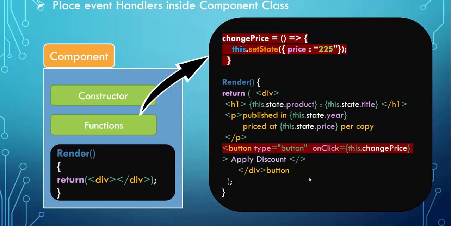Like in this example, the button click event onClick calls this method changePrice, and the changePrice method resides inside the component, inside the function space, and after the constructor. Literally, the placement of constructor, functions, and render can be changed inside a component. We prefer placing it in this order to align with the logical hierarchy of execution of these methods.